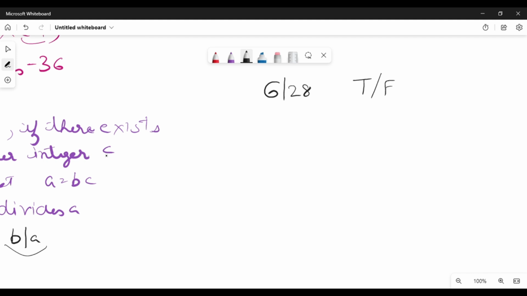It is true only if I can write 28 as 6 into something. But I cannot write 28 as 6 into an integer.